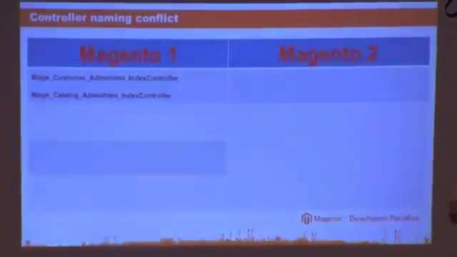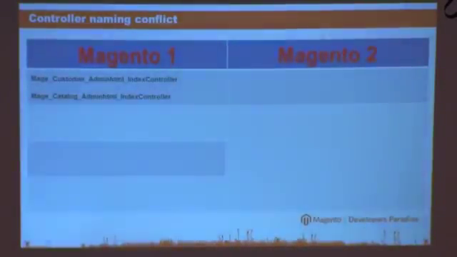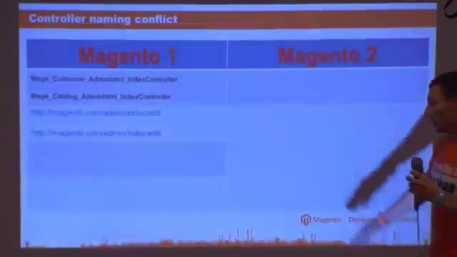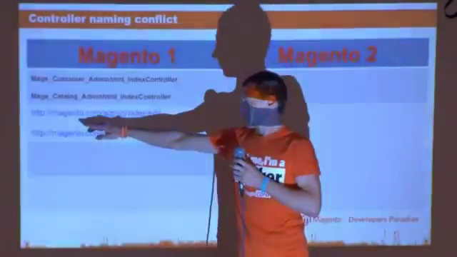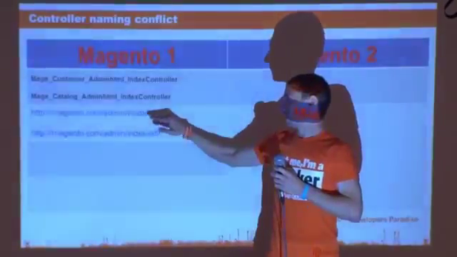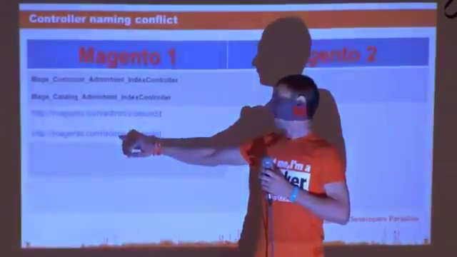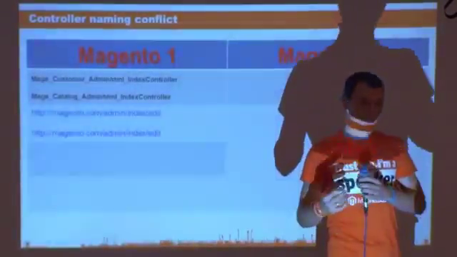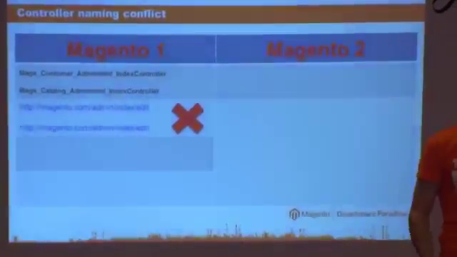But let's look at which URLs we have to use when we want to access these controllers in Magento 1. We have to use this URL, magento.com, for example, admin index edit, and magento.com admin index edit. As you can see, we have the same URL for different controllers, and this is a controller naming conflict.